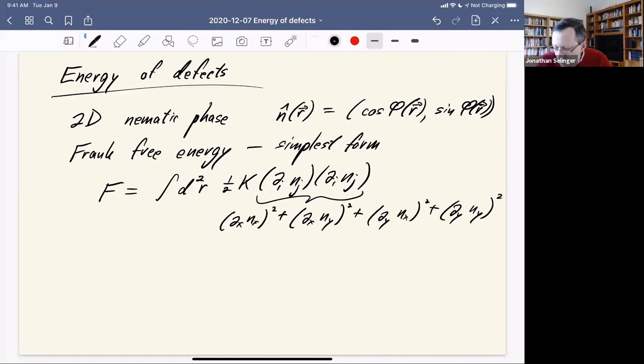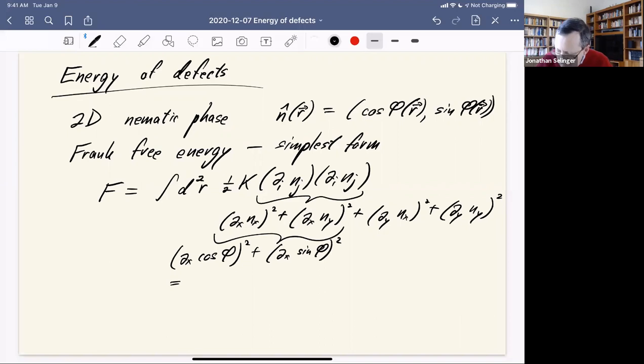Thinking about just the first two terms for the moment: the x derivative of cosine phi squared plus the x derivative of sine phi squared.